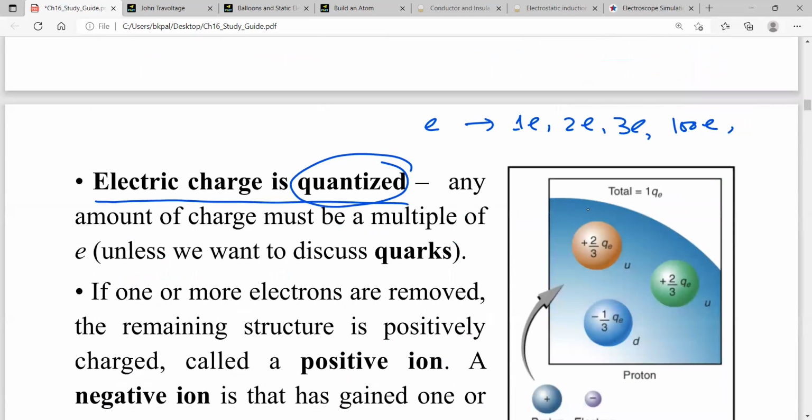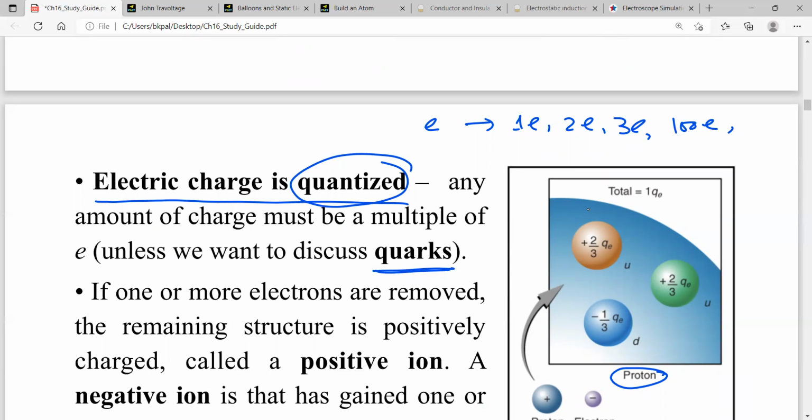Now if we break a proton or a neutron, we can see that they are basically made of something called quarks, and quarks have charge which is less than the electron charge. But that is a higher-order topic which we are not going to discuss in this course. Normally we discuss this in particle physics.